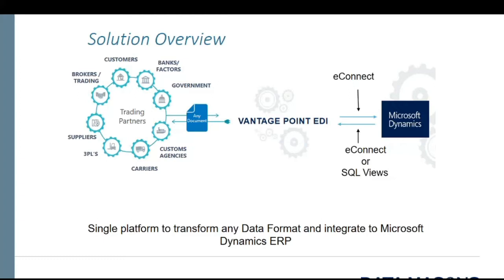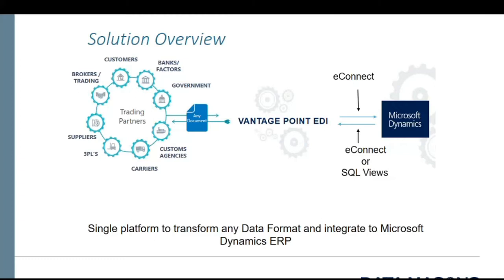So if you're exchanging documents with a bank, like payment remittances or lockbox documents, or you're doing credit approvals, etc., we connect those types of transactions. If you use outside warehouses, we connect outside warehouses back and forth into GP, suppliers, customers, transport companies, customs agencies.